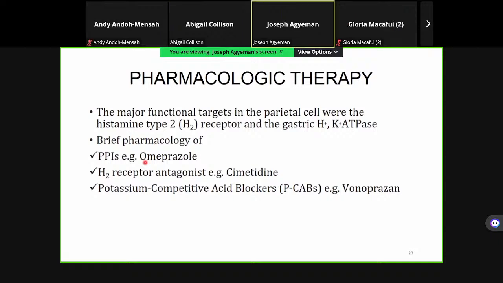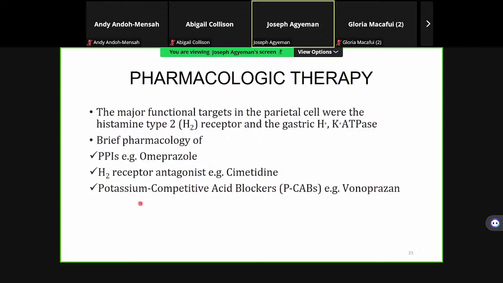So though you have blocked the H2 pathway, the acid can utilize the ones that were transported yesterday. And this makes H2 receptor antagonists less sensitive.